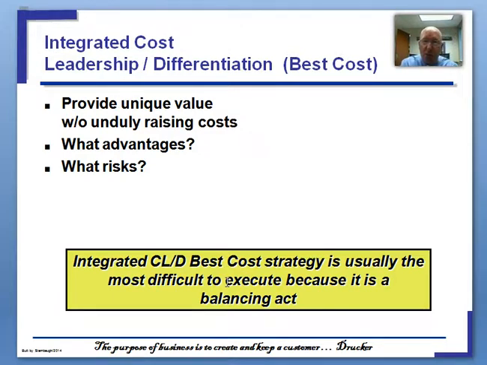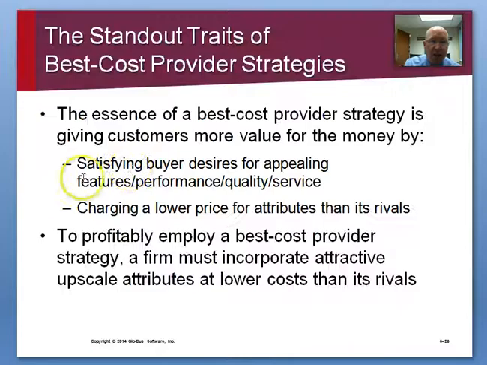You're trying to do multiple things at once, and you have this danger of being stuck in the middle. So it's a very powerful strategy, just not always easy to execute successfully. Here are some slides on how that happens. They provide more value by giving some extra features while charging a great price.